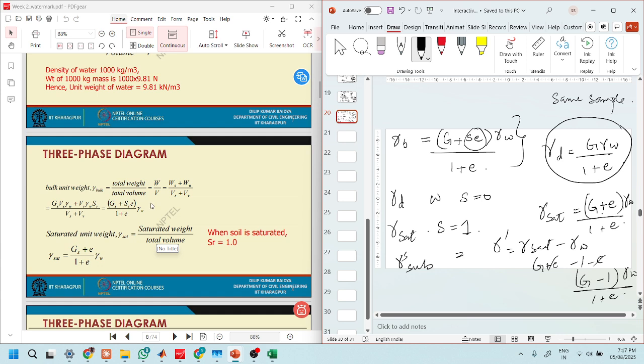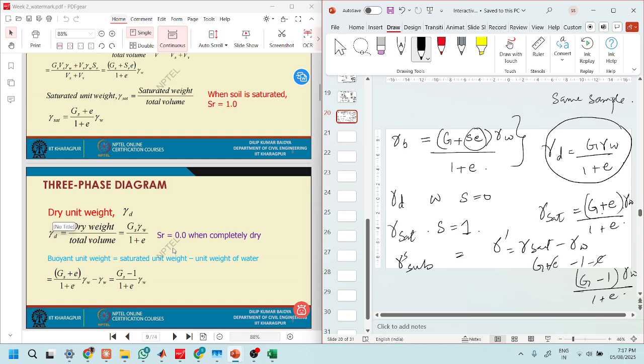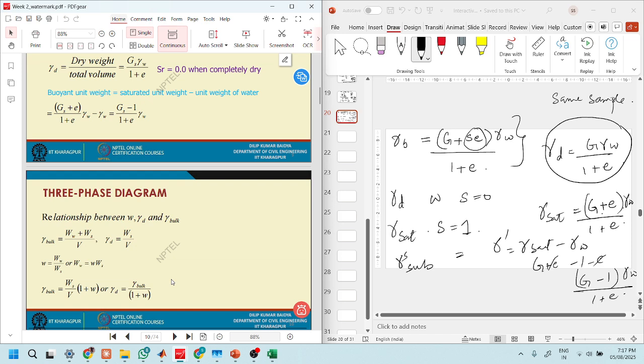Okay. So these are all the formulations. I just did not want you to try to learn these formulations without understanding the idea behind them. And we have a buoyant unit weight, saturated unit weight minus the unit weight of water, which is G minus 1 over 1 plus e times gamma W.